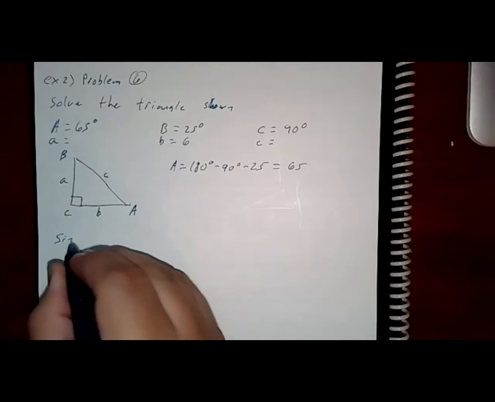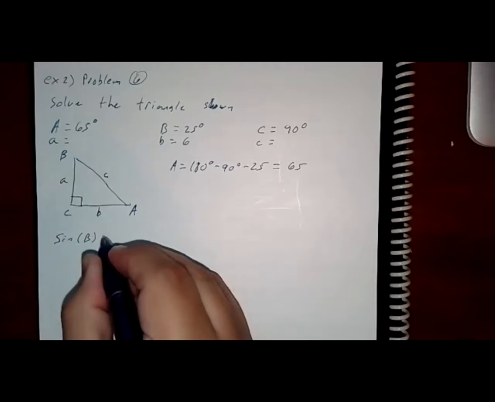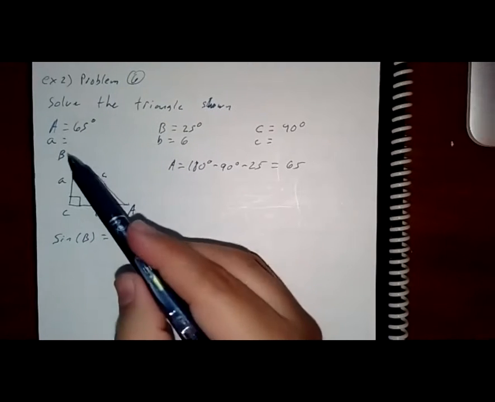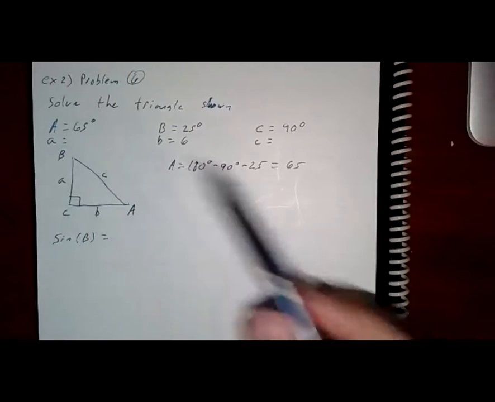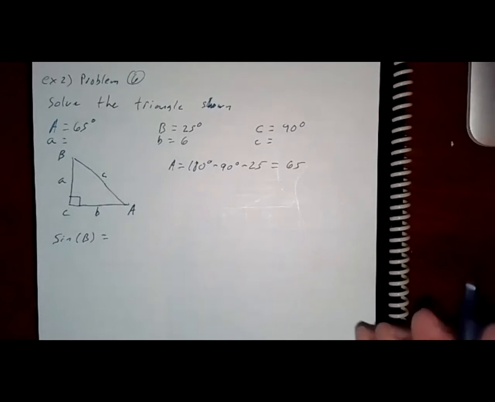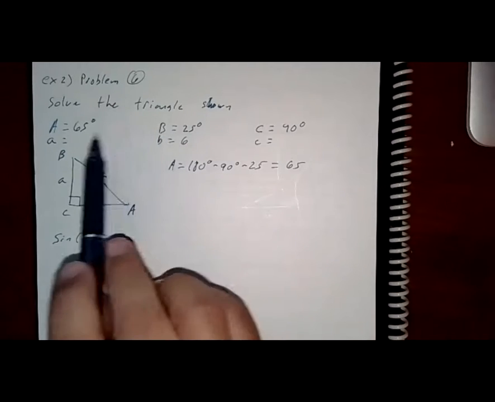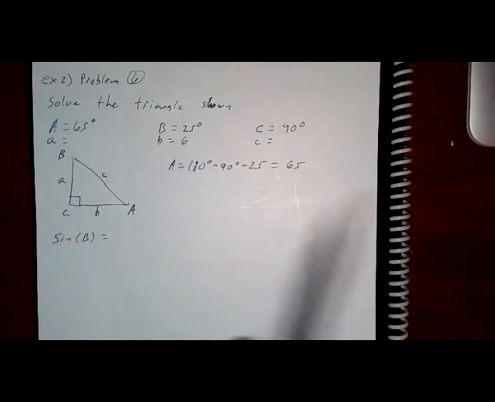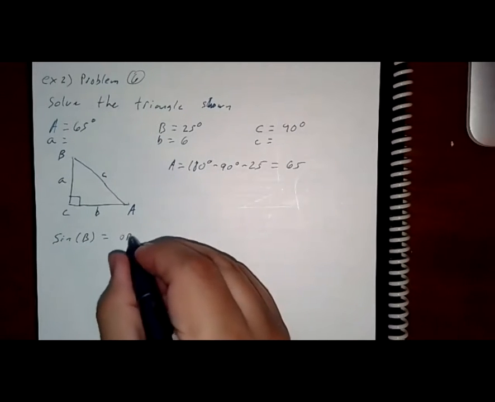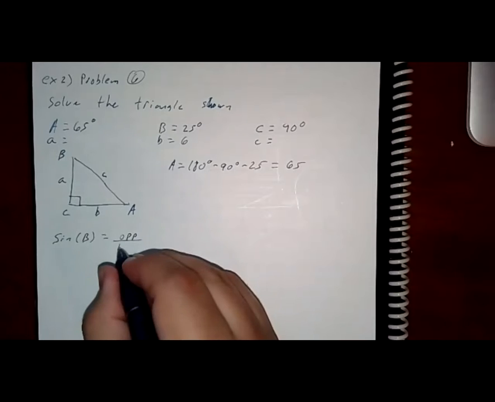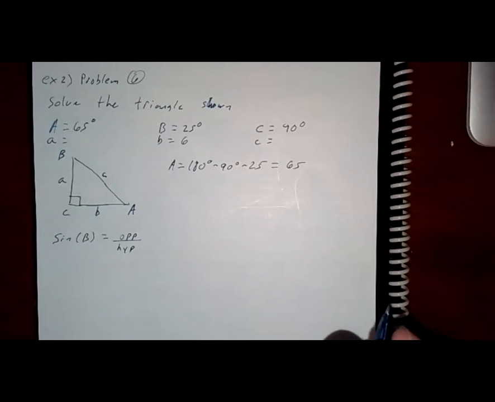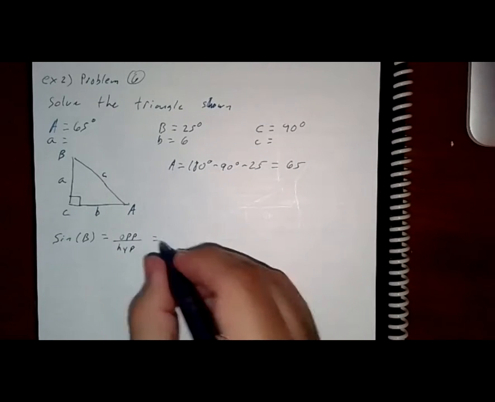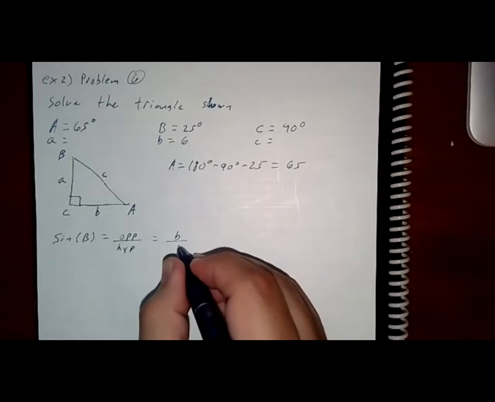So sine of capital B is equal to, so I'm choosing this angle for sine. That was my decision. You could have chosen any angle because we have all 3 angles. Doesn't matter. This is equal to opposite over hypotenuse, which is equal to b over c, right?